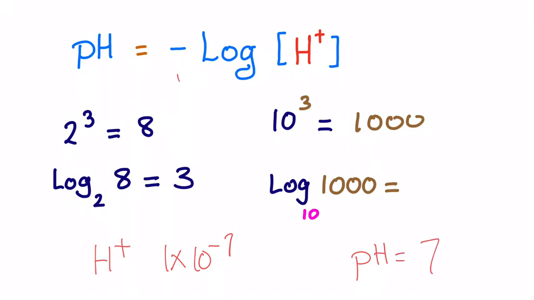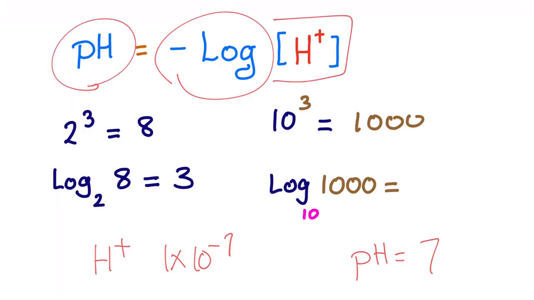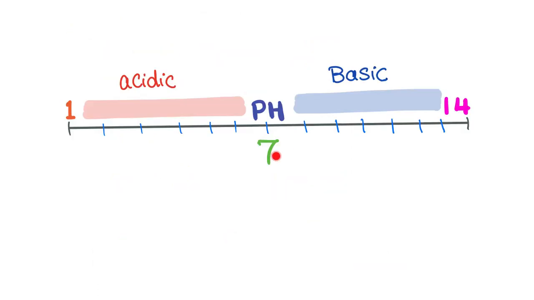Why? Because it's the negative logarithm of the hydrogen ion concentration. That's the pH, potential of hydrogen. So the pH is 7. That's the neutral. That's the water.